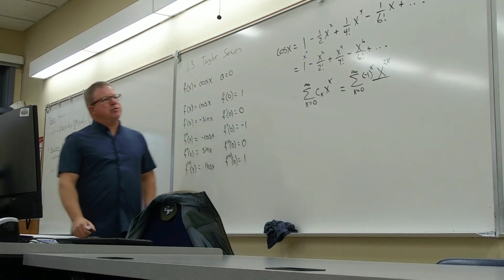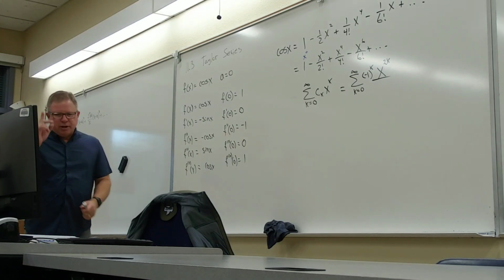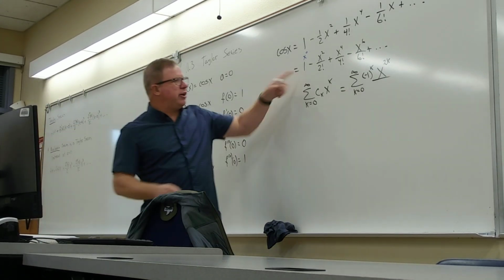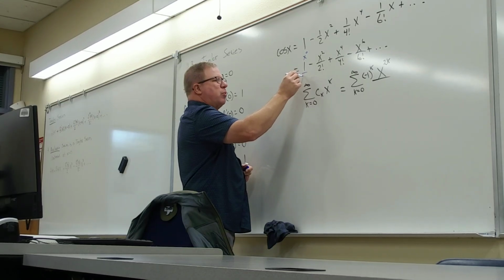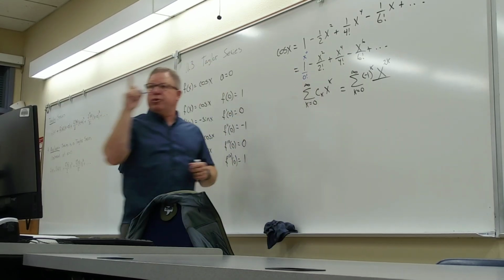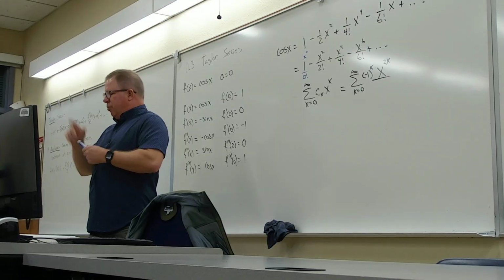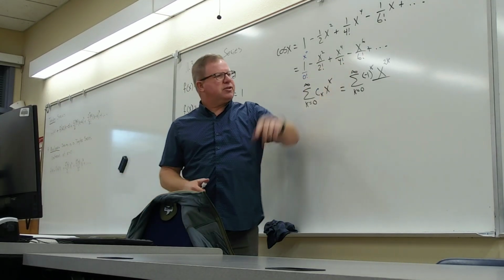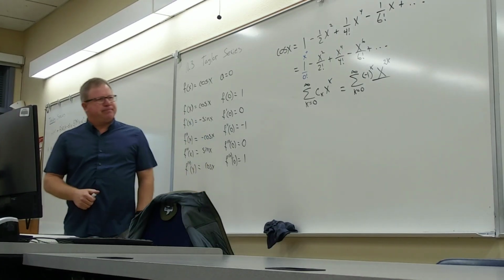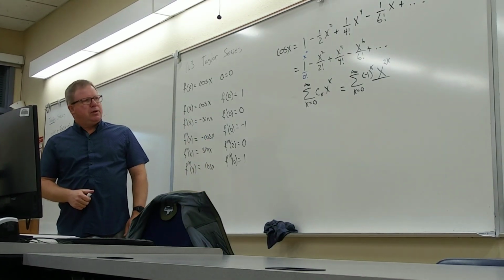Now we have to do something for those factorials in the denominators. And remember, when you see a 1 like this to start out with, that's like over 0 factorial. Because what is 0 factorial? 1. So we got 0, 2, 4, 6. What are we going to put down there? K factorial. K plus 1 factorial.